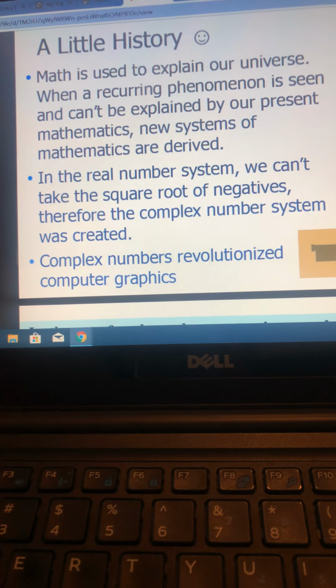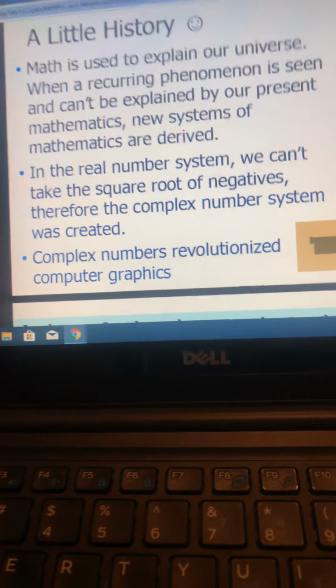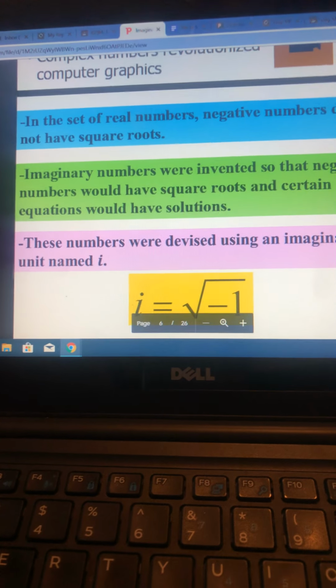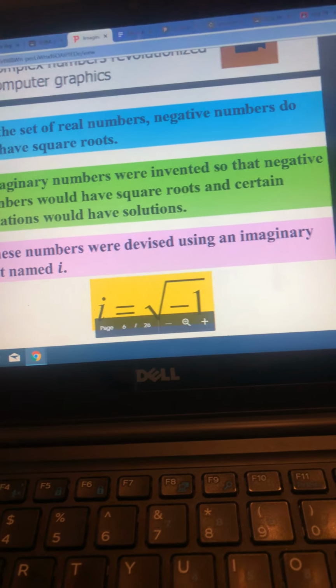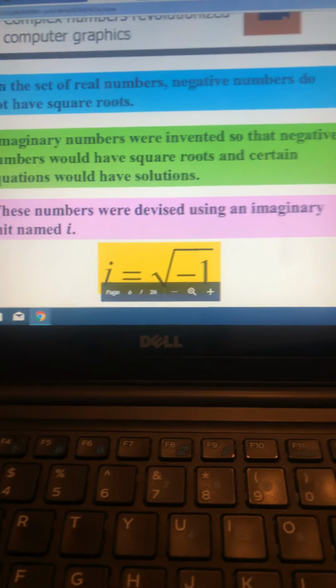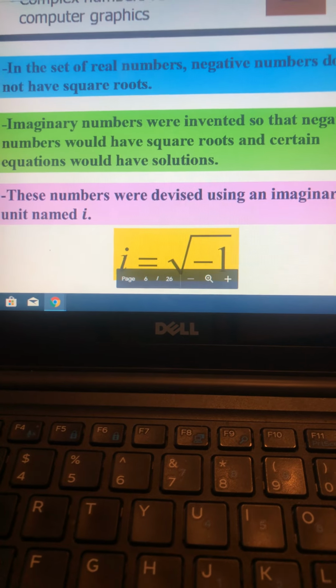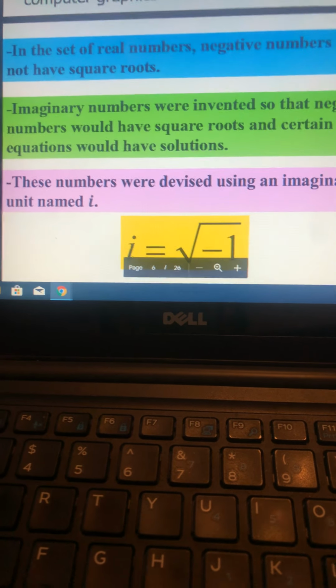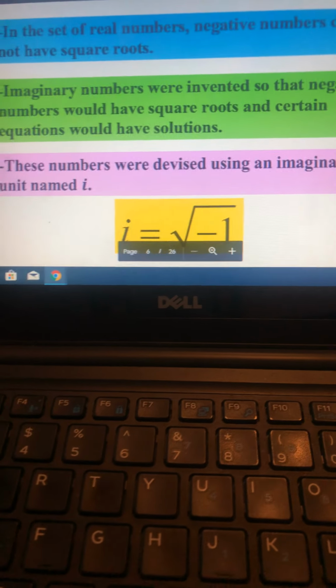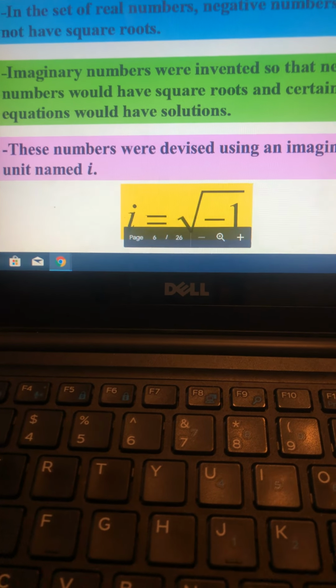Complex numbers revolutionized computer graphics. In the real set of numbers, negative numbers do not have square roots. Imaginary numbers were invented so that negative numbers could have square roots and certain equations would have solutions. These numbers were derived using the unit i.